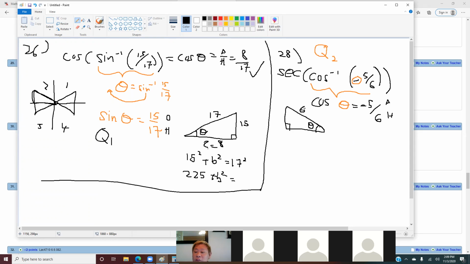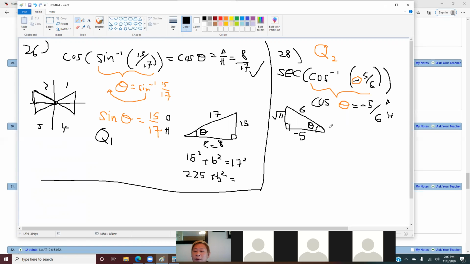That means the adjacent should be negative 5. Go ahead and find what your opposite is. You have to use the Pythagorean theorem to find it. I got B is equal to the square root of 11. You should know how to do that.